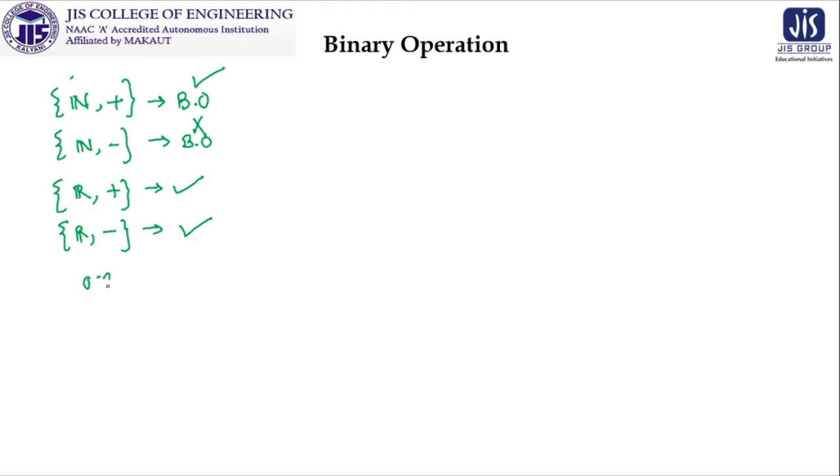It may be 0.2 minus 0.1 or 0.1 minus 0.2. Always the results you get are real numbers. So in this context, as your statement supports your claim, subtraction is a binary operation on the set of real numbers. This is very important.